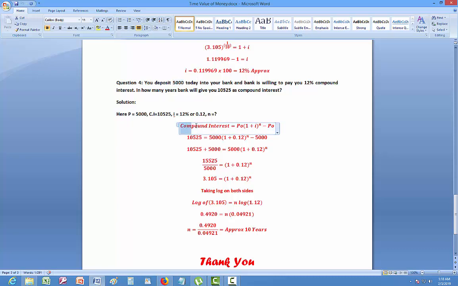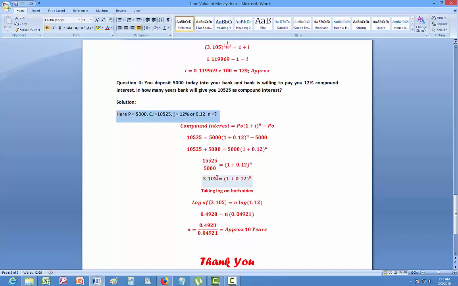So once again we will use simple compound interest formula and put all these values into this formula, and after simplifying we will get 3.105 is equal to 1.12 raised to power n, and after that we will take log on both sides.